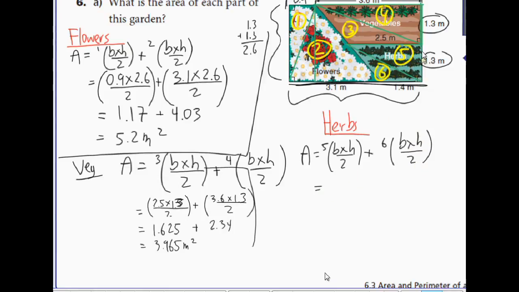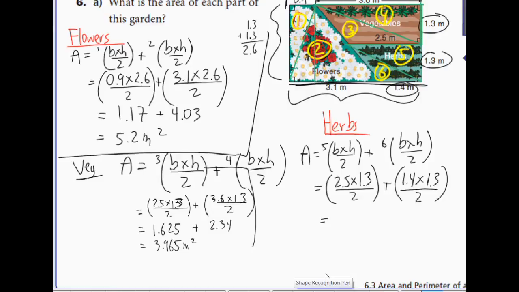Equals, triangle 5 has a base here of 2.5, and a height of 1.3. Divide that all by 2. And number 6 has this base here, which is 1.4, and also a height of 1.3. And divide that all by 2 and add that all up together, and let's see what we get. 2.5 times 1.3 divided by 2, same as the last one, 1.625.